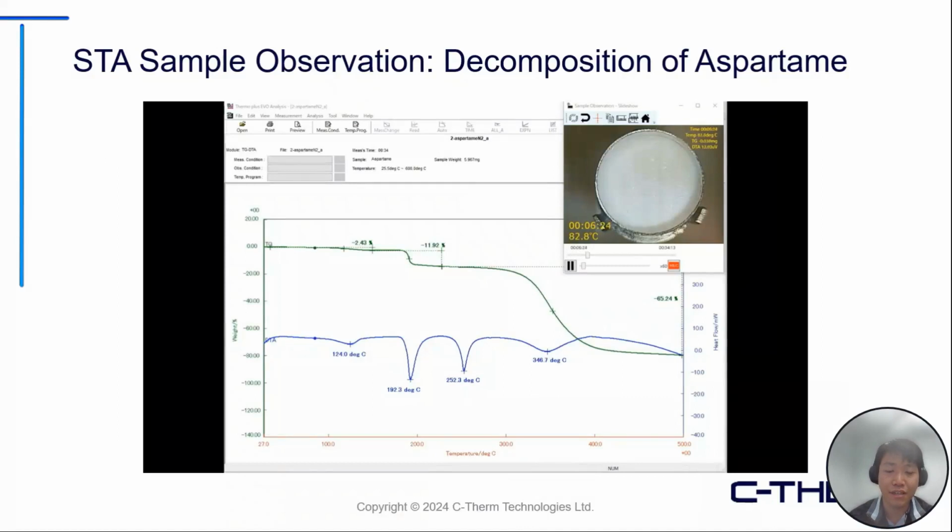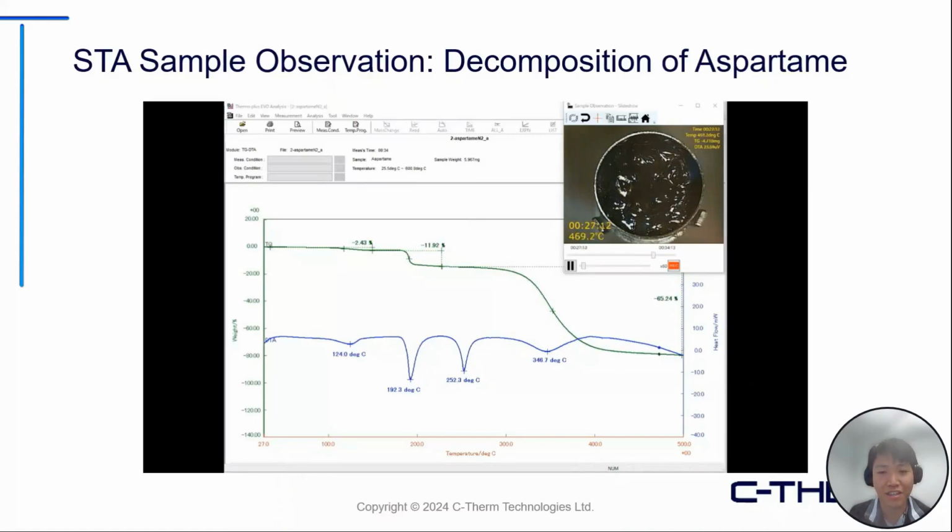At the beginning, there's no mass change accompanied, just a temperature rise. And there's not much change that you can observe from the first endotherm, but in the second endotherm, you can see a very rapid decomposition of the sample, and it becomes this tarry substance as it reaches 500 degrees Celsius.